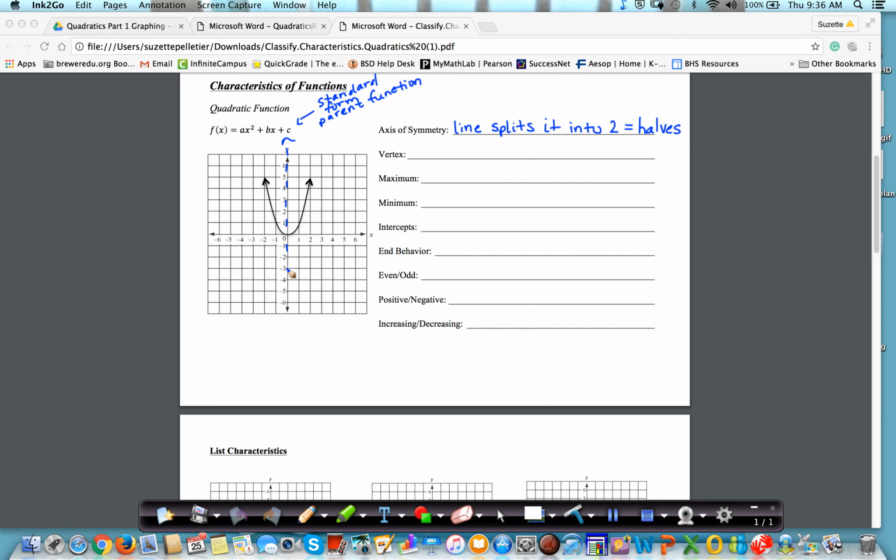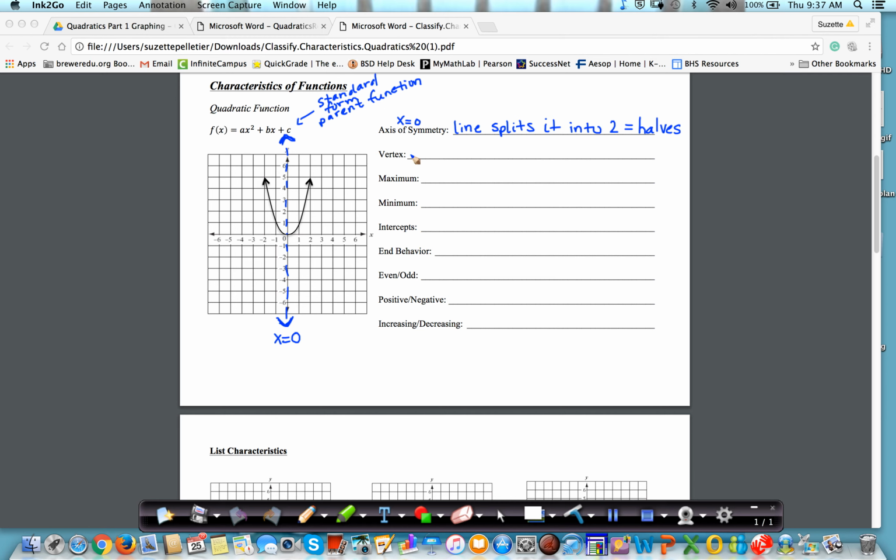That's the axis of symmetry, right? And the axis of symmetry is always a vertical line. At least the ones we're dealing with this year will always have a vertical line. And if that's a vertical line, then it has an equation of x equals some number. So where am I on the x? I'm intercepting the x at 0. So x equals 0 is the equation of your axis of symmetry for this particular problem, okay?